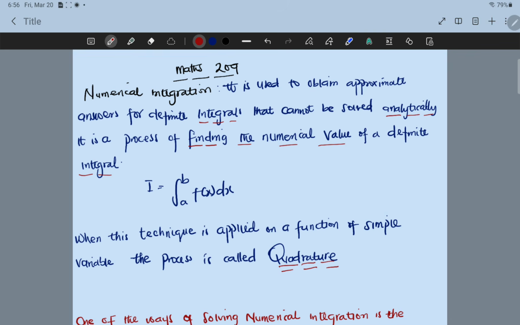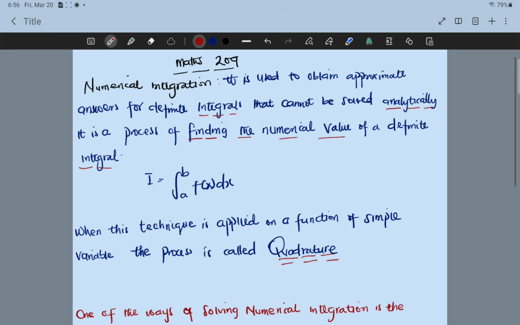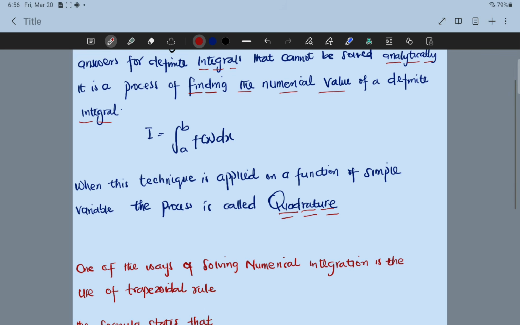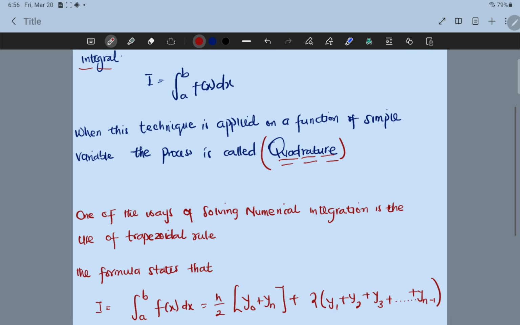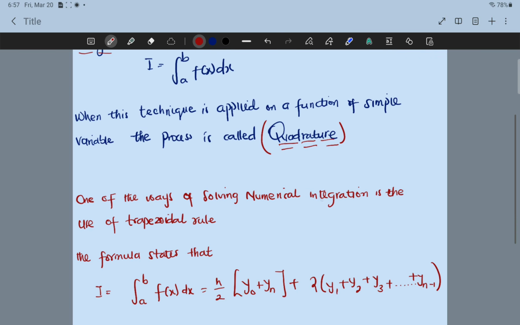Very interesting to say. And we said when this technique is applied on a function of a single variable, the process is called the quadrature. Now, it is very important for us to know that one of the ways of solving numerical integration is the use of the trapezoidal rule.